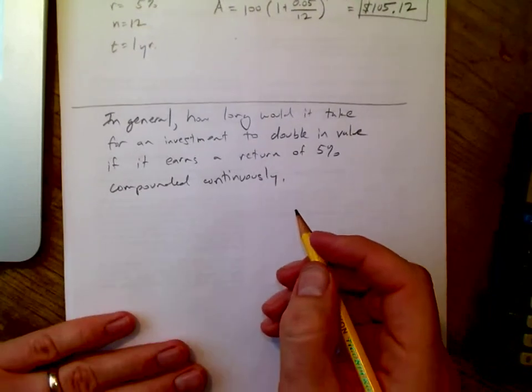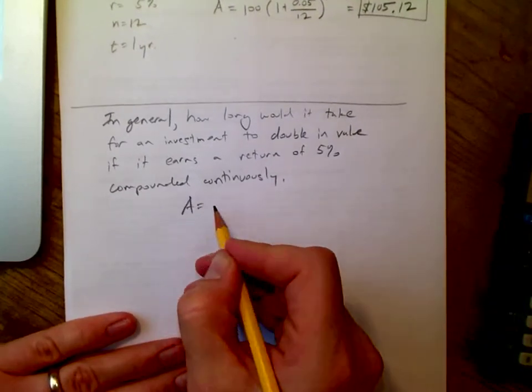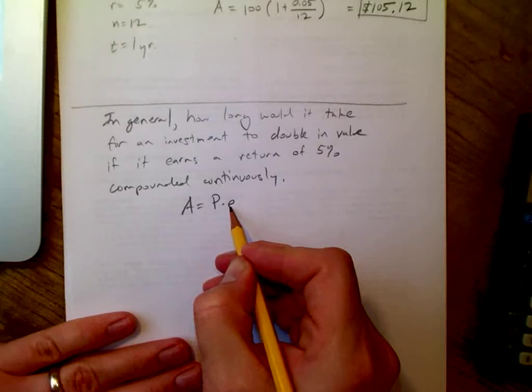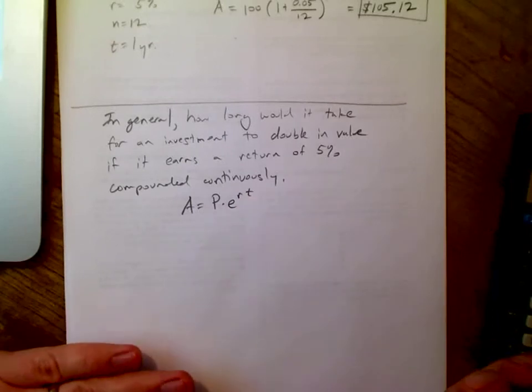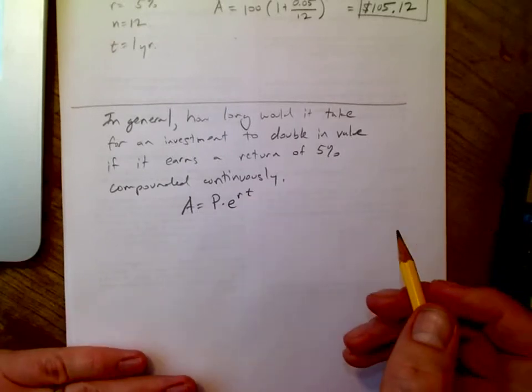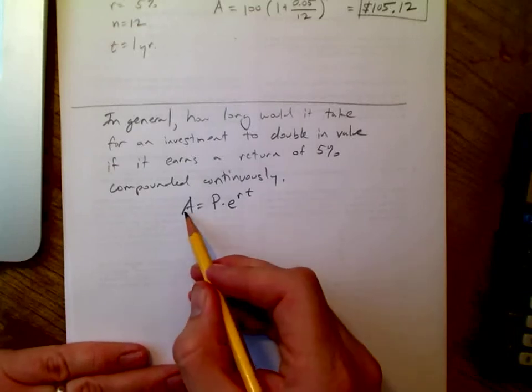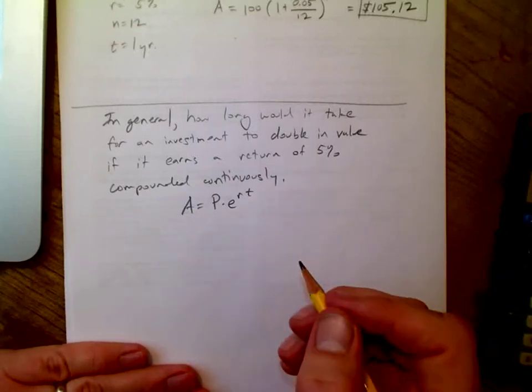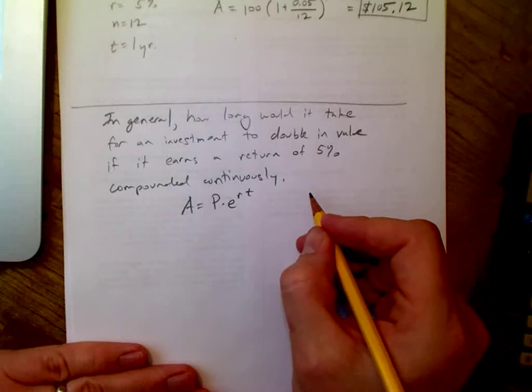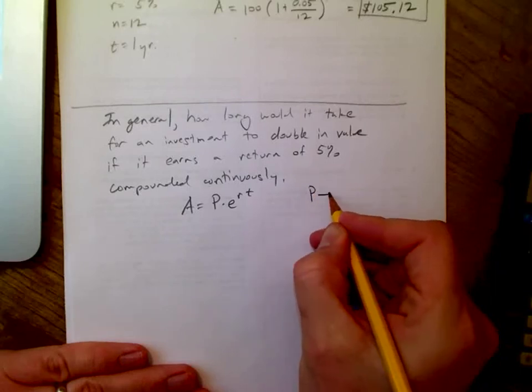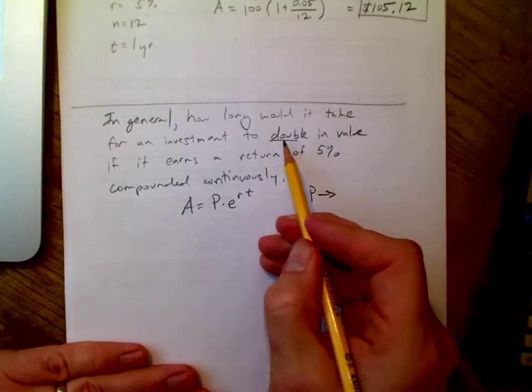So now our formula is A equals P times e to the rt for continuous compounding. The amount and the P, that's the thing, we don't know. But we do know that if we start with P, we eventually want to get to double.